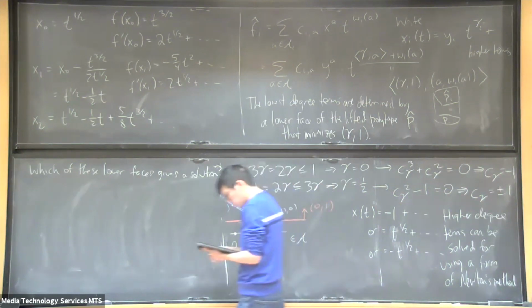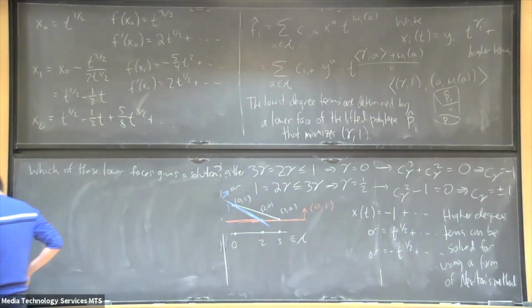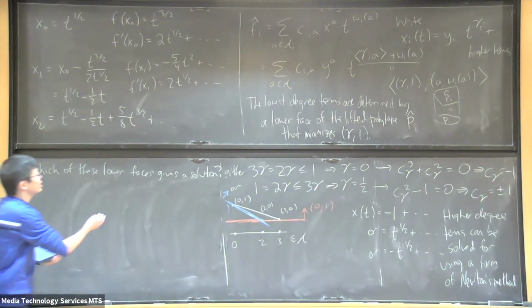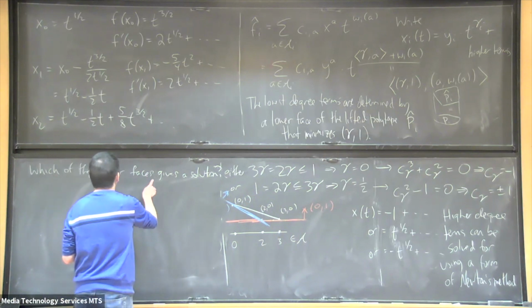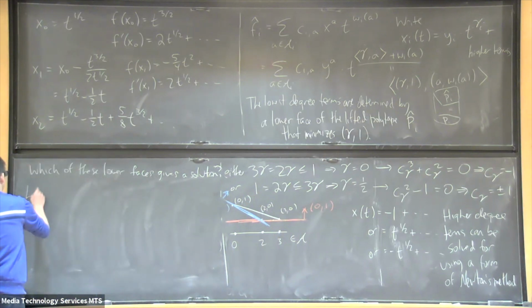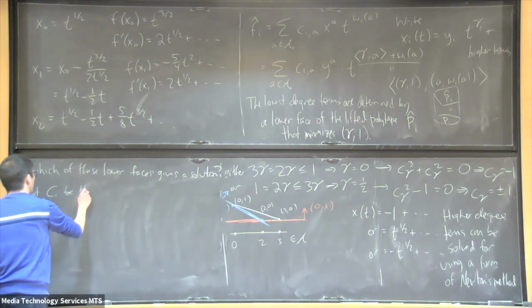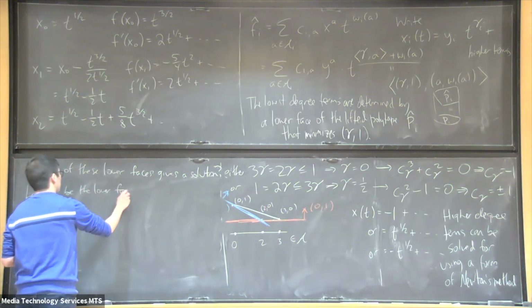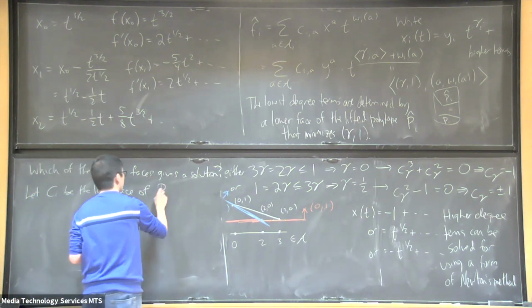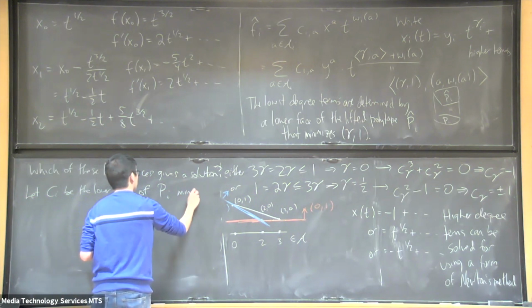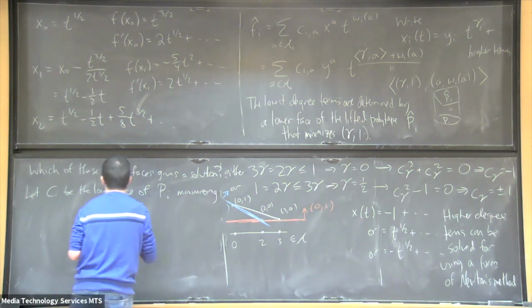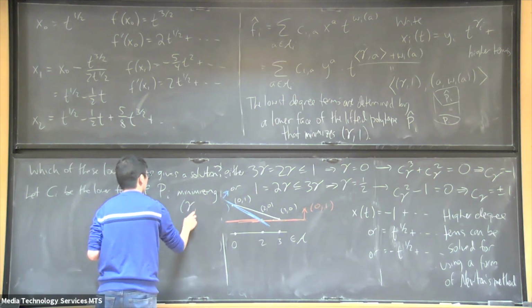So in general, let ci be the lower face of pi that minimizes gamma, 1.